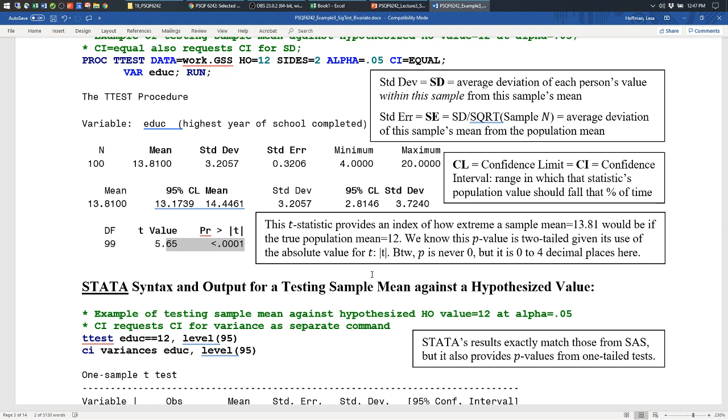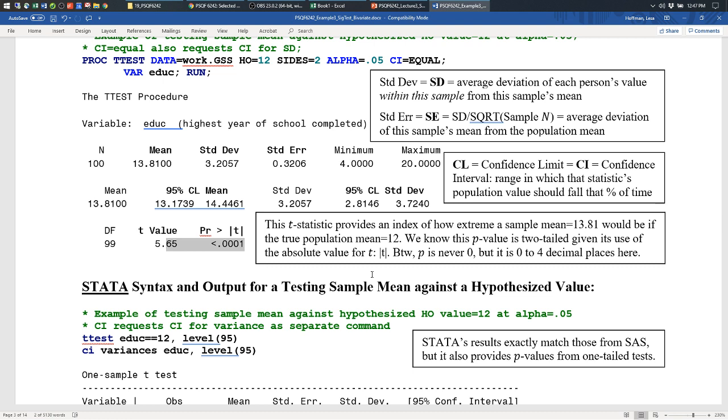So the purpose of the standard error is to give us some way of mapping the statistic that we're talking about onto a t-distribution where we know the probability of something happening. So 13.8 is way out here. How far out is it? It is like 5 standard deviations. That's what that means.